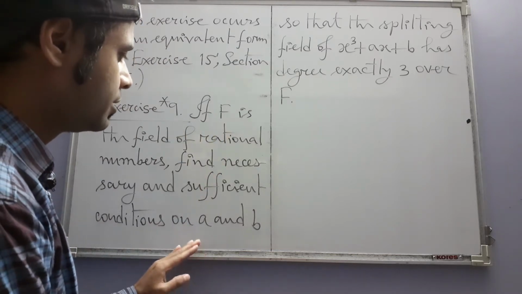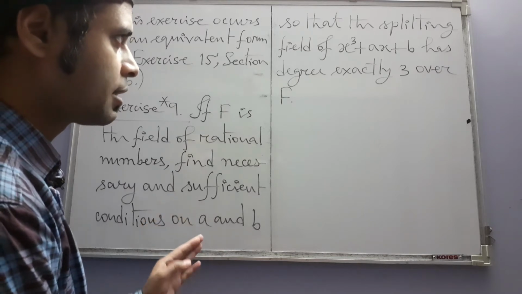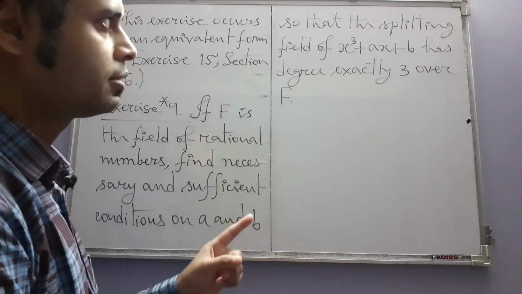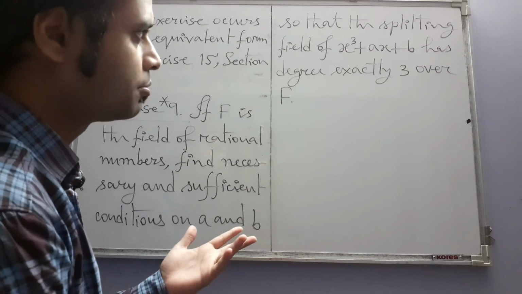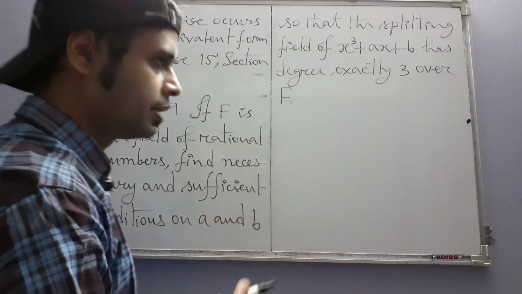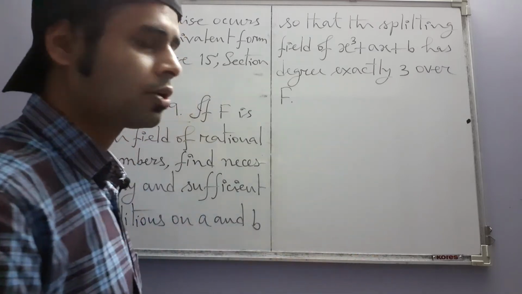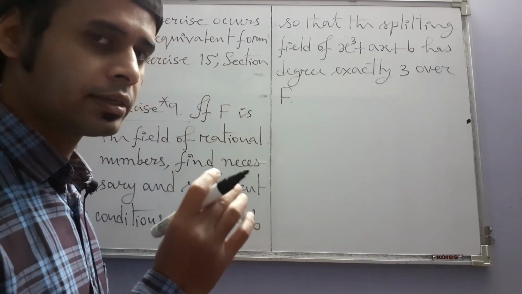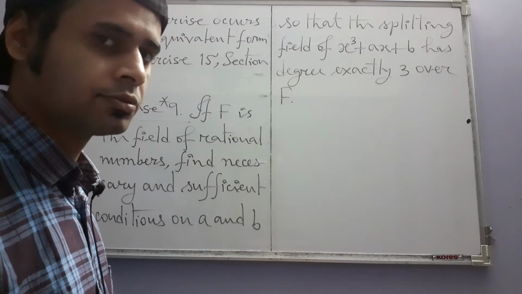Now we have to find some necessary and sufficient condition on A and B so that the splitting field of this polynomial, not the polynomial itself, of course, its degree is 3, has degree exactly 3 over F.